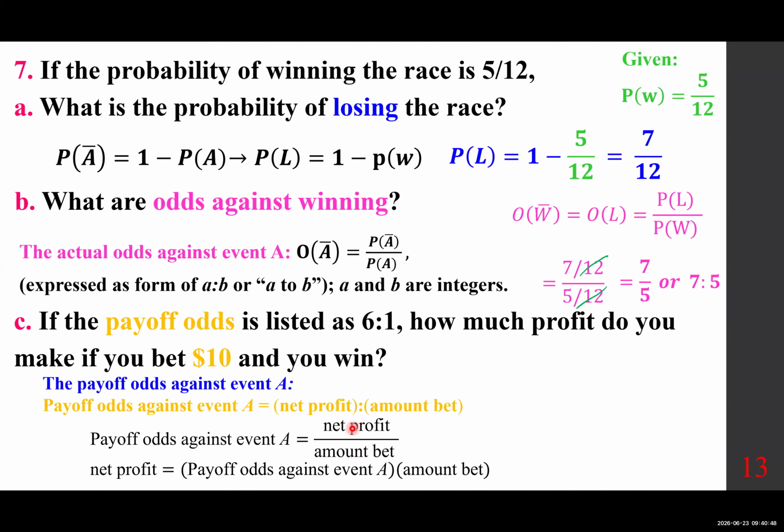So net profit is the product of these two, the cross product. In other words, if I put a 1 here, cross product: payoff odds against event A times the amount of bet, 6 times 10 is $60.